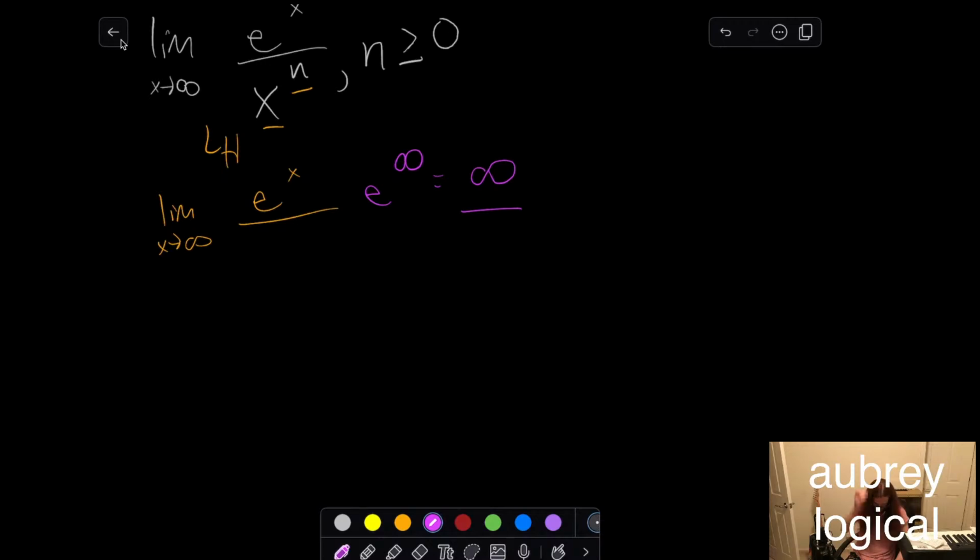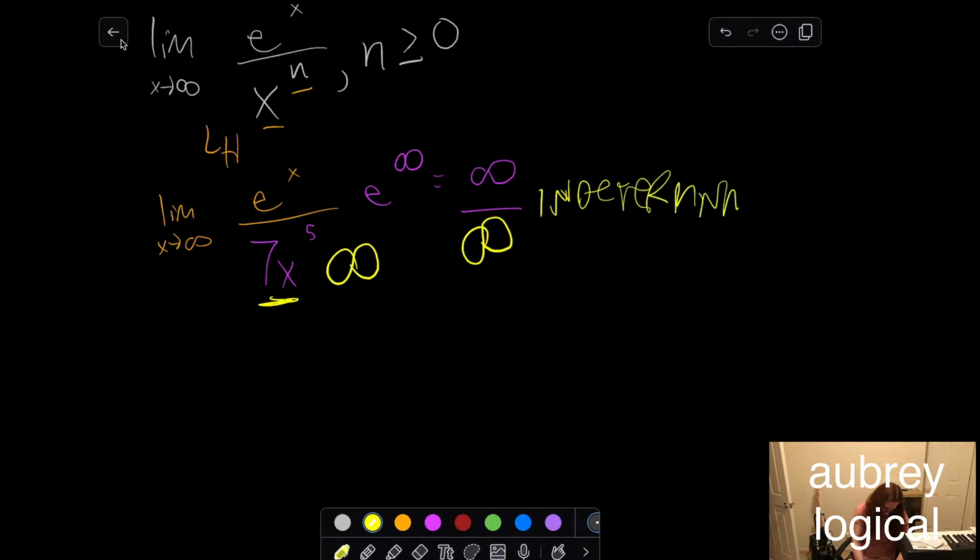Like, say, I don't know, 7x to the 5th. So you're going to have to keep doing L'Hopital's rule, which means keep getting the derivative of this number until there's not an x, because as long as you have an x, this is going to go to infinity, and it's going to be infinity over infinity, which is going to be indeterminate.